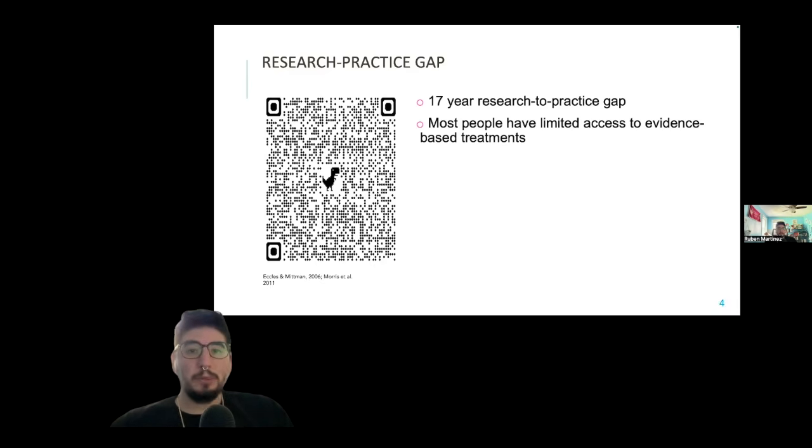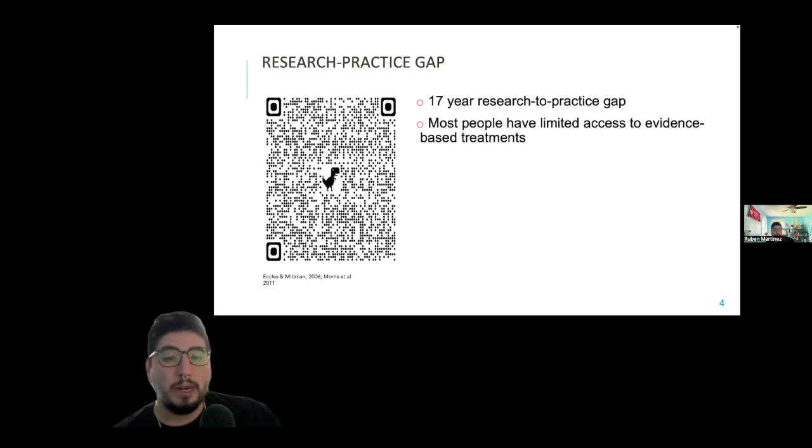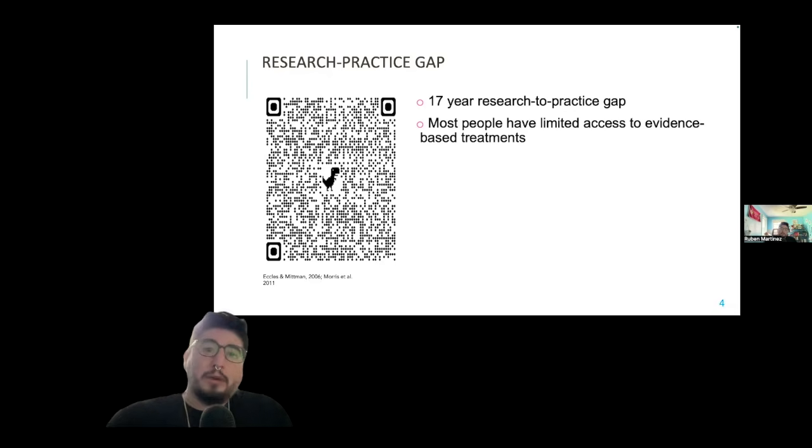What that means is that most people have limited access to evidence-based treatments. This has some really clear implications for health equity, for health disparities, and just generally for high quality medical care. And it's worth noting that this gap doesn't just exist in medicine or in psychiatry or psychology.